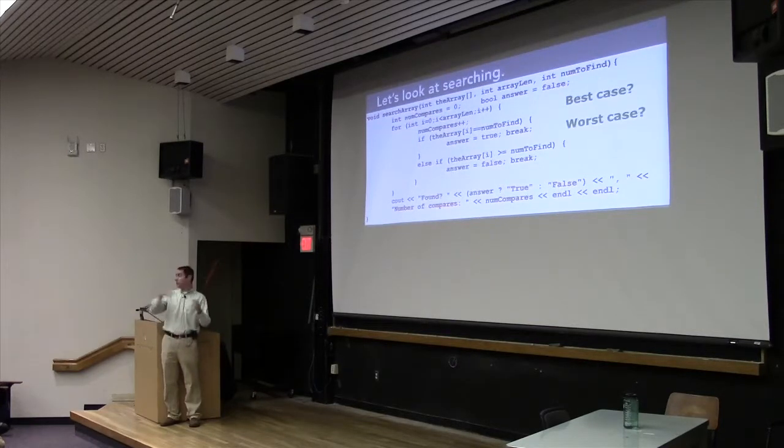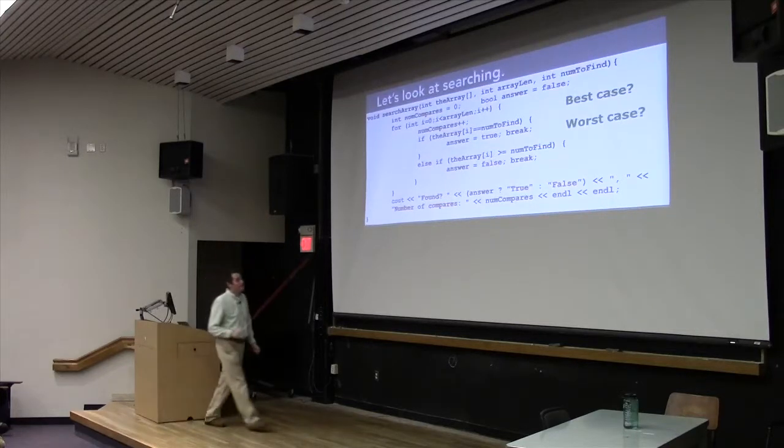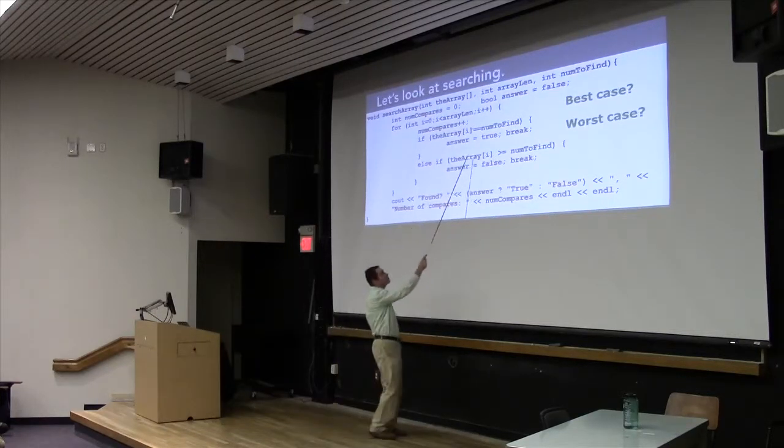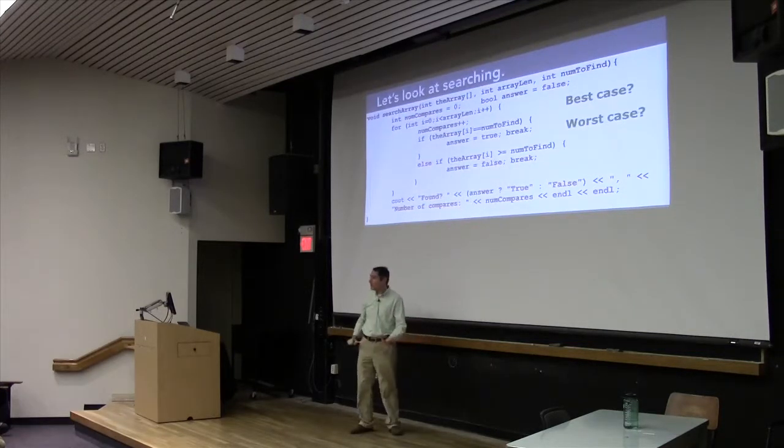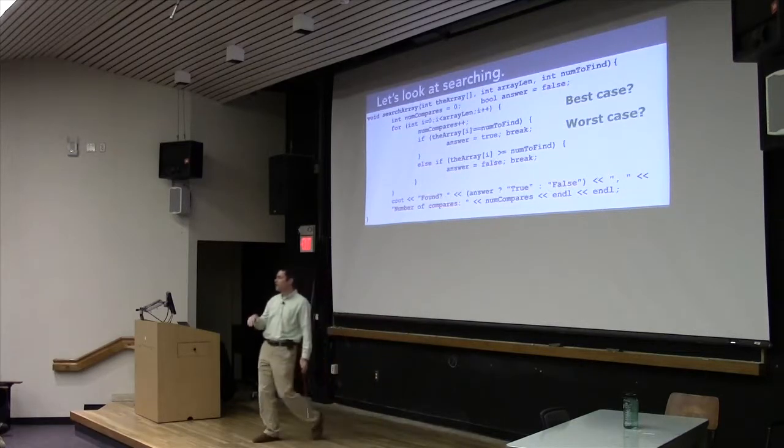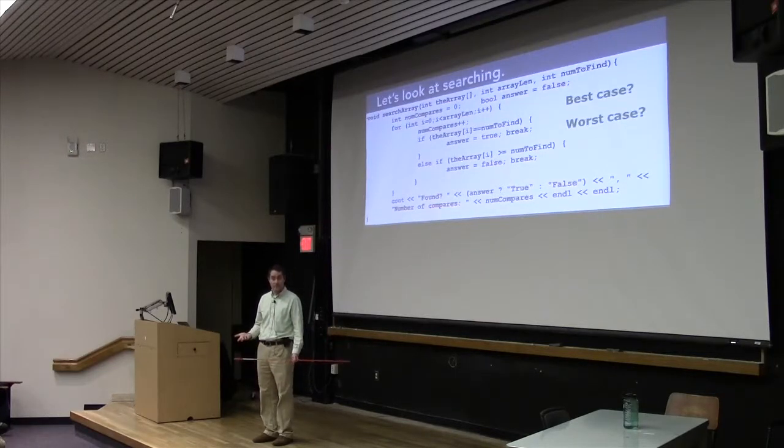And if it is, we're done, and we return true. If it's not, we check if the array value is greater than the number we're looking for. That means we actually skipped the number we're looking for, and it's not in the array. Does that make sense?